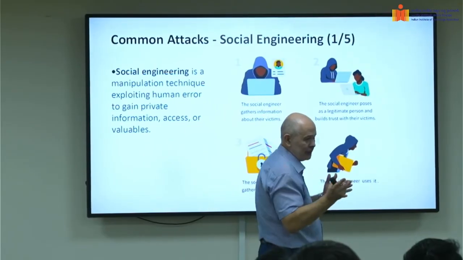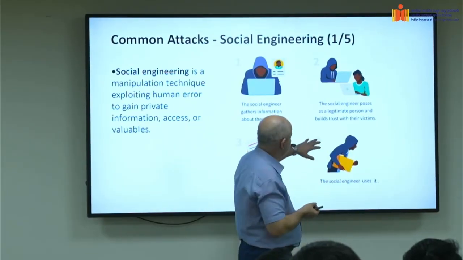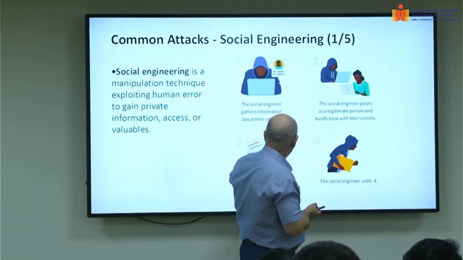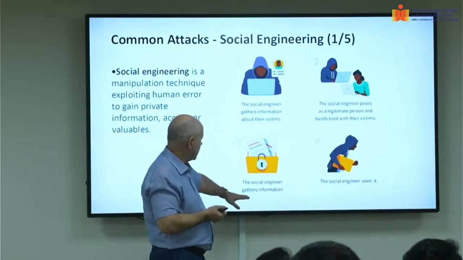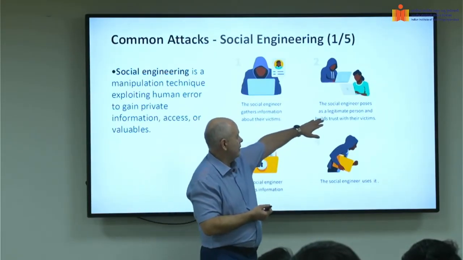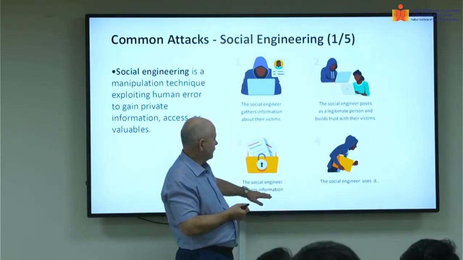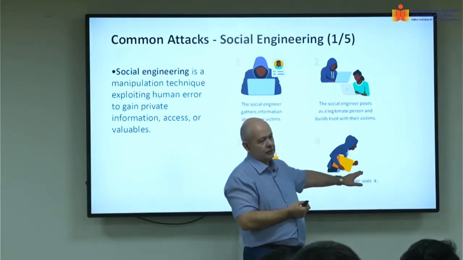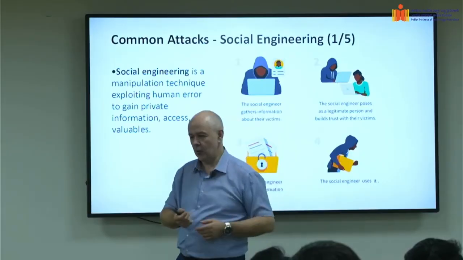This is a very simple situation, but it is an example. Then the social engineer gathers information, gets access, and then uses it. This is a common cycle.